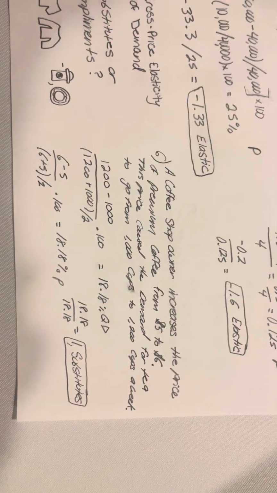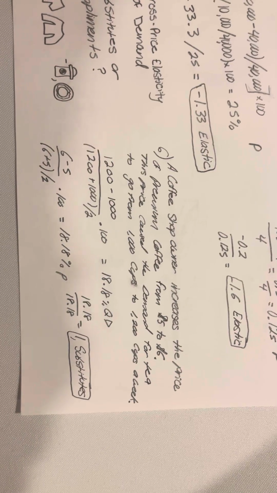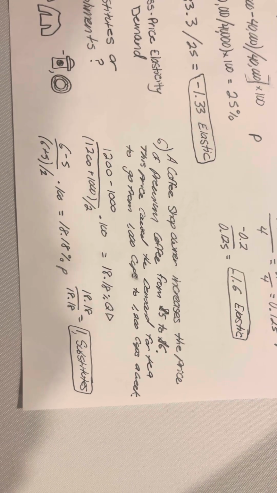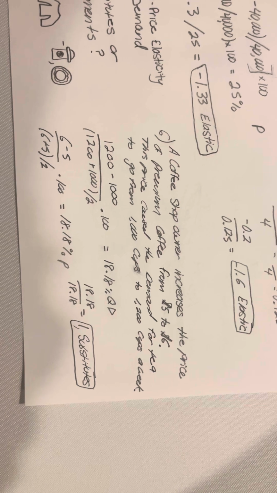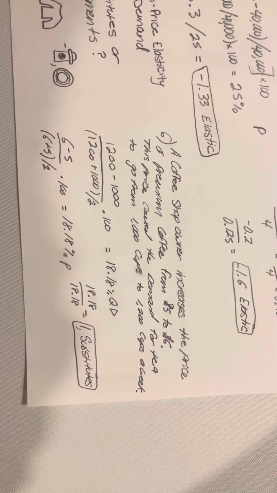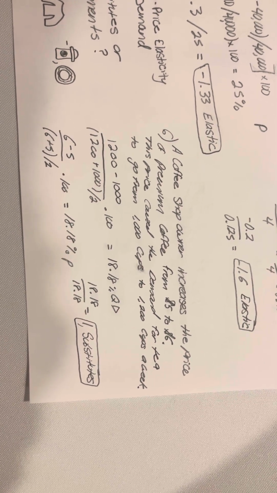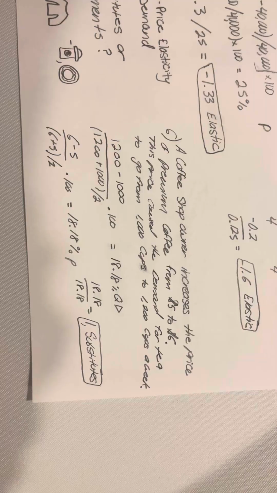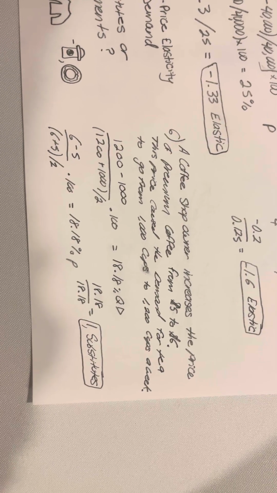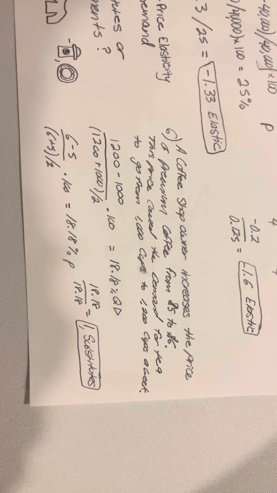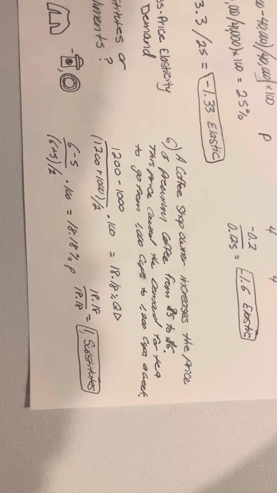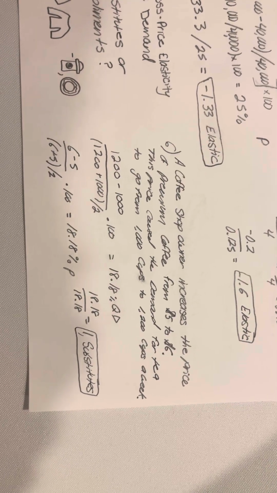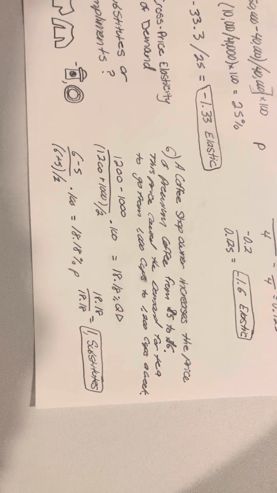So let's look at another real life example here. A coffee shop owner increases the price of premium coffee from $5 to $6. The price change caused the demand for tea to go from 1,000 cups to 1,200 cups a week. So when the price of coffee increases, the demand for tea also increases.